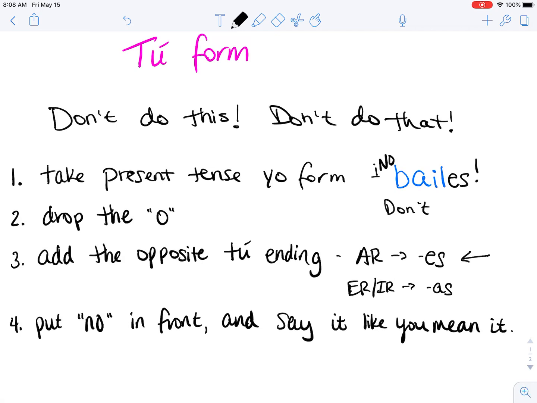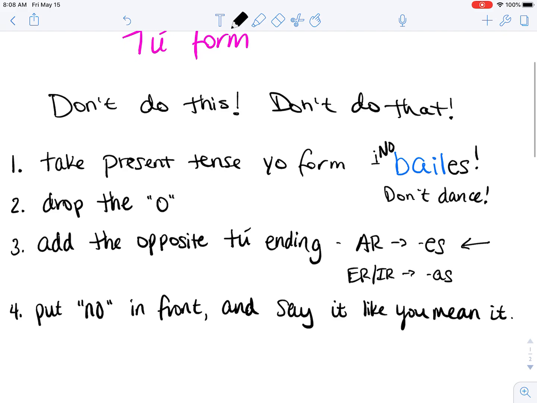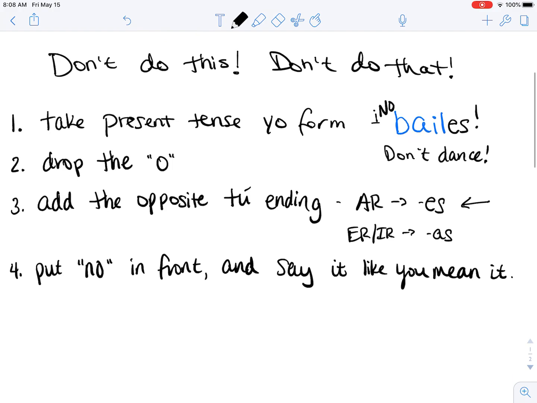Don't dance. That's as simple as it is. You take the yo, drop the o, add the opposite tú form ending. I can almost make a rap out of that. Take the yo, drop the o, add the opposite tú ending. Now that I got that stuck in your head.